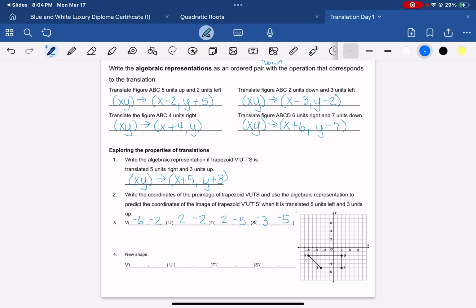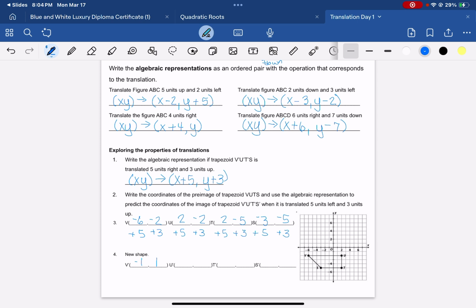Now, we've got to apply this rule. Well, it said to all the x's, add 5. So that's an x, that's an x, that's an x, that's an x. To all the y's, add 3. Okay, my new ordered pair, well, -6, +5 gives me -1. -2, +3 gives me +1.